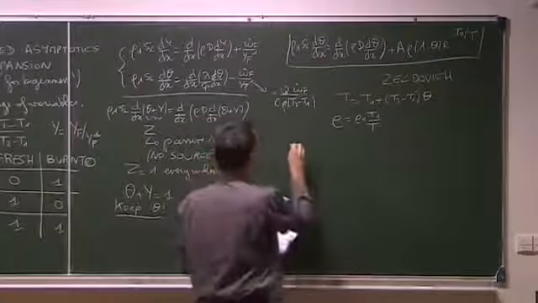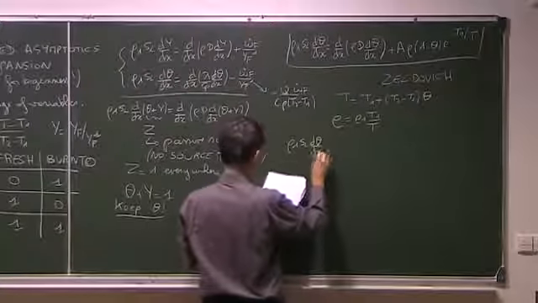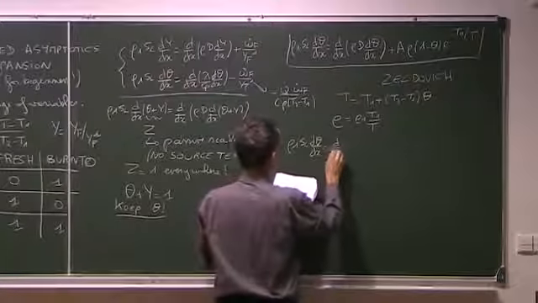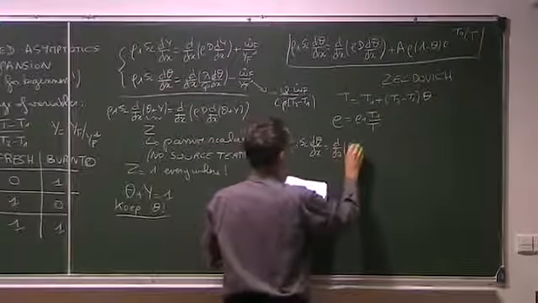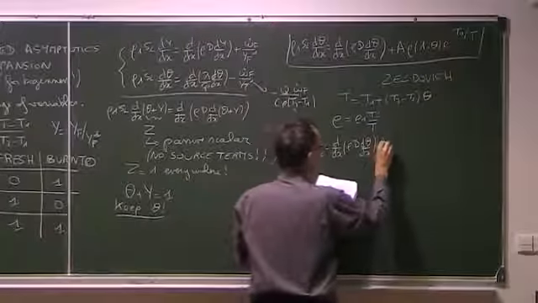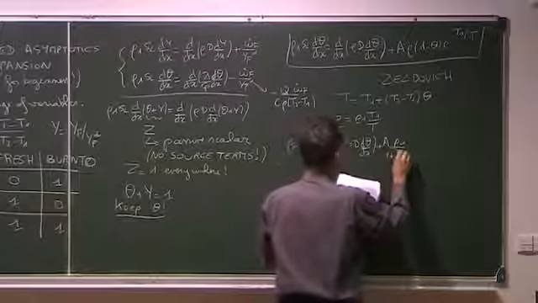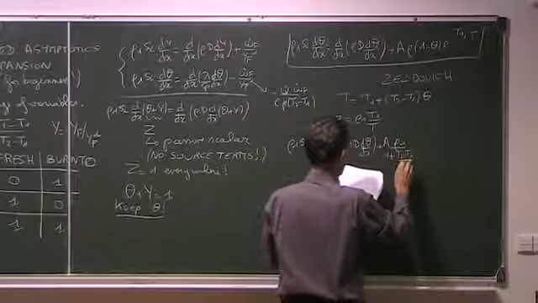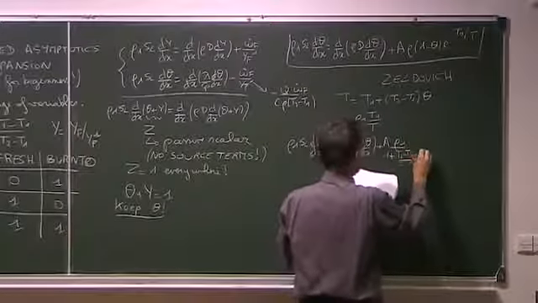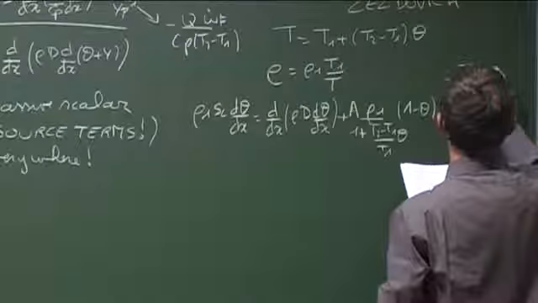So this equation actually can be written rho1 SL d theta dx equal d over dx of rho d d theta dx plus A rho1 over 1 plus (T2 minus T1) over T1 theta, times 1 minus theta, exponential minus Ta.